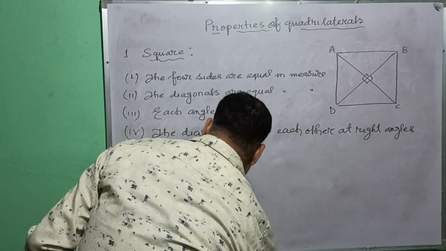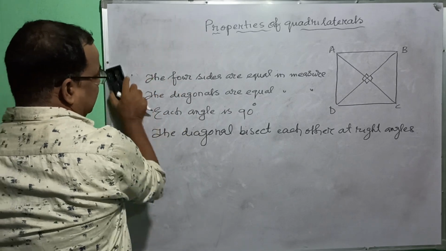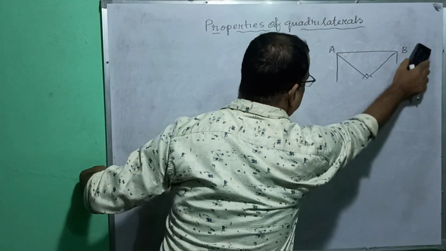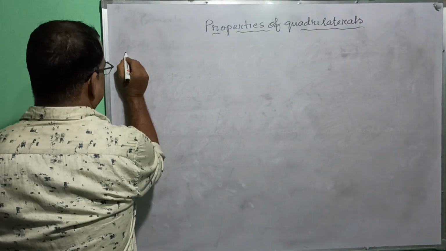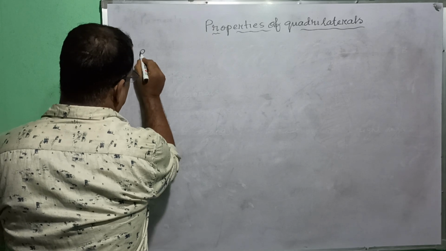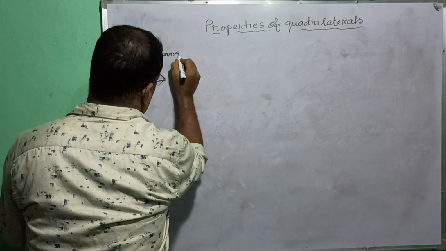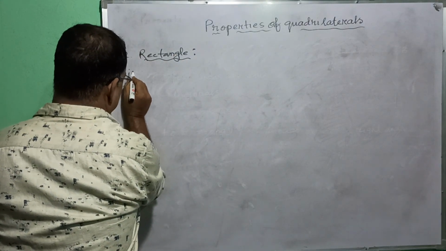Now we'll write the next one. After square, we'll write rectangle. So here we'll write number two, rectangle.